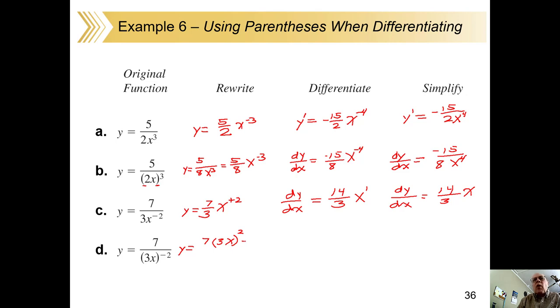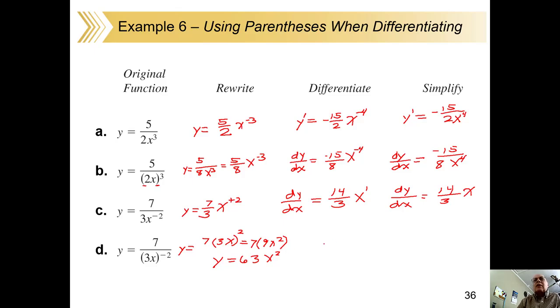It's not quite ready to go, though, because there's our 7, but we need to square the 3x, which is 9x squared. So our rewrite is 63x squared. Lost my parentheses up there. Now it's ready to differentiate.